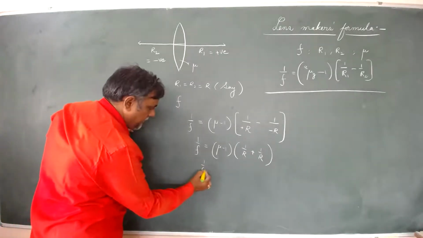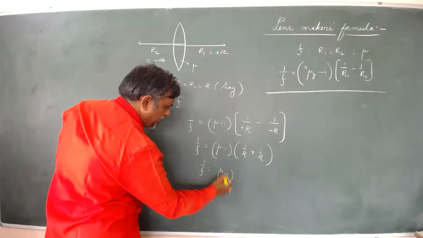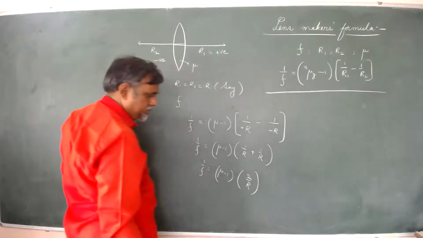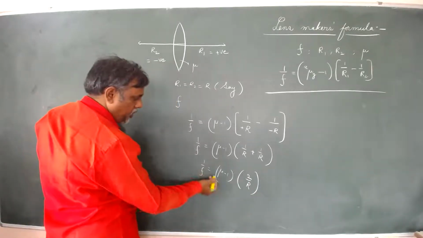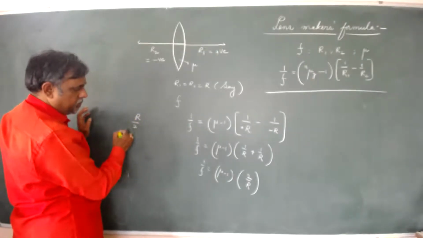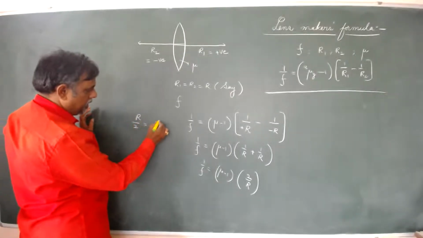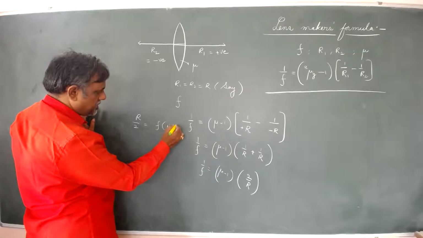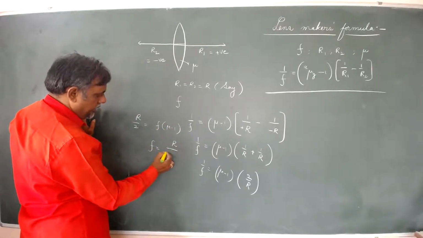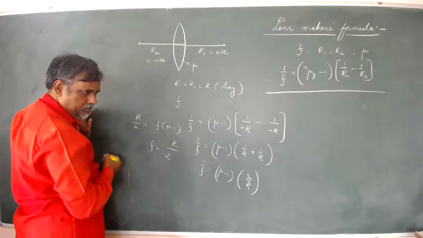This is 1 by f is equal to mu minus 1 into 2 by R. By cross multiplication, what do we get? R by 2 is equal to f into mu minus 1. Am I correct? Therefore, f is equal to R by 2 into mu minus 1.